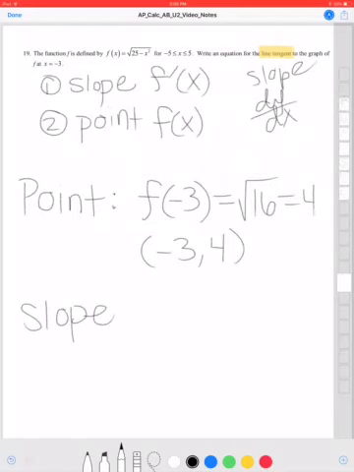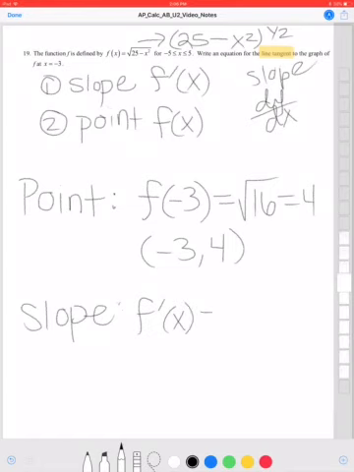Alright, now let's do the slope. We need the derivative. The derivative, we're going to rewrite this as 25 minus x squared to the 1/2, since it's the square root. Right, we got a chain rule here.